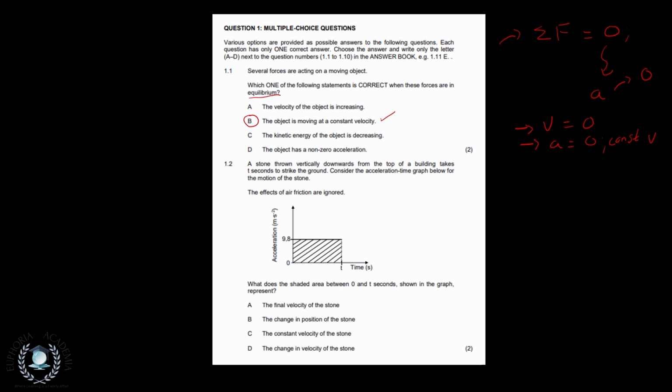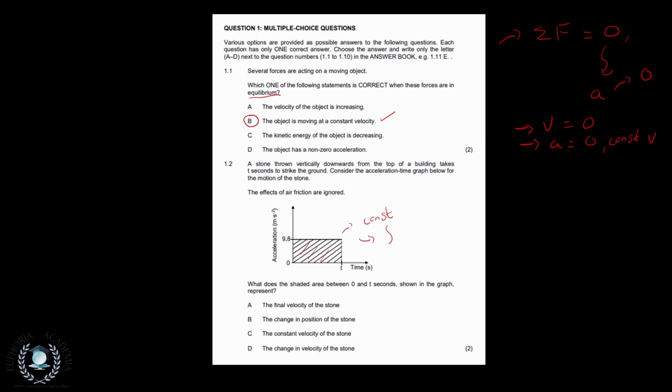Alright, so we have a constant acceleration, and if you take the area, which you will learn later, that is the integral of this function. We're going to find that the shaded area is actually equal to the change in the velocity. So let's see which one of those answers are here.